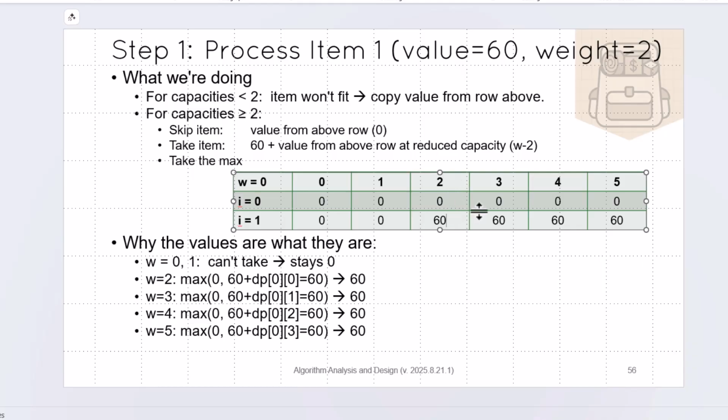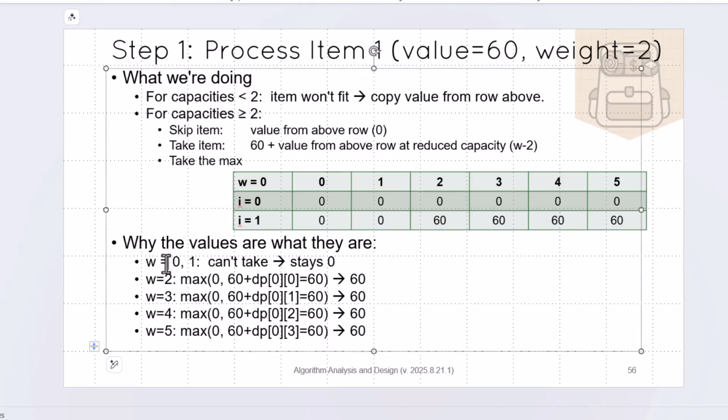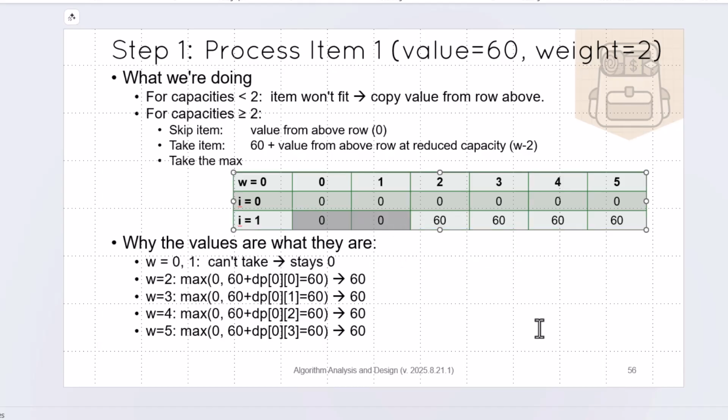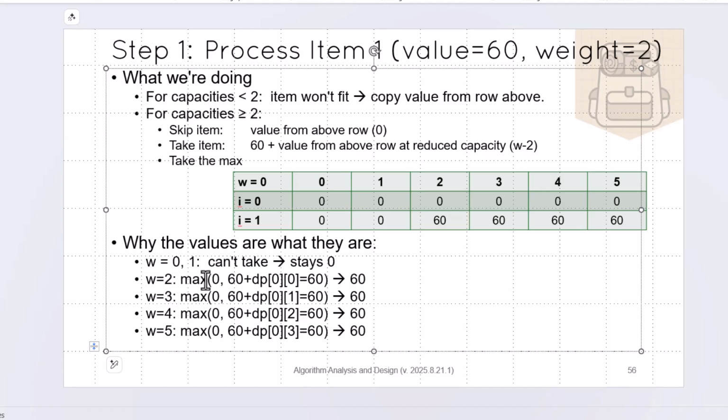That's the value. 60 plus the value from the row above at reduced capacity is what we do when taking the item. So we take the item for all of these instances. With 0 and 1, we can't take it, so those stay 0. For w equals 2, if the capacity available is 2, we take the max of 0, which is the thing above it, and 60 plus the thing above it.